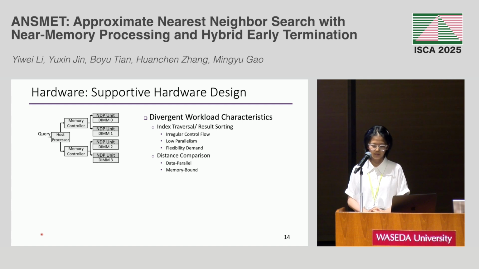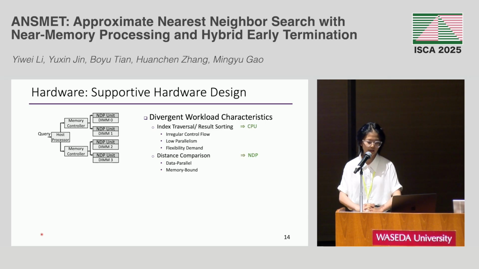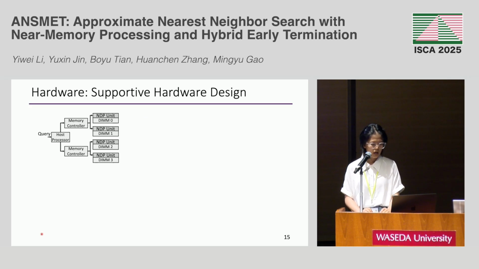Index traversal is irregular and is of low parallelism, while distance comparison is regular and parallel. Therefore, we can conclude that index traversal is more suitable for CPU and distance comparison is appropriate for NDPs. So, how to minimally modify the NDP hardware to support the distance comparison?